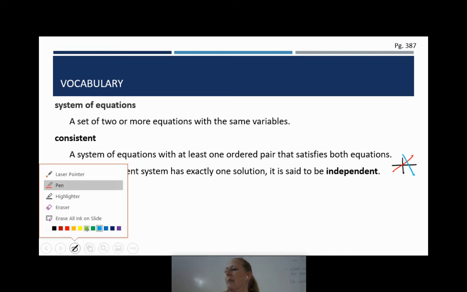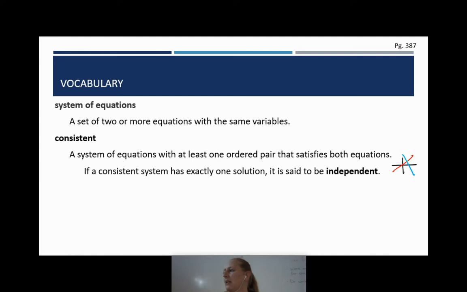You see how they intersect in exactly one point? I would say that not only is it consistent because it does have a solution, a place where they meet, I would also say it's independent. There's only one solution, that's it. It doesn't depend on anything else.